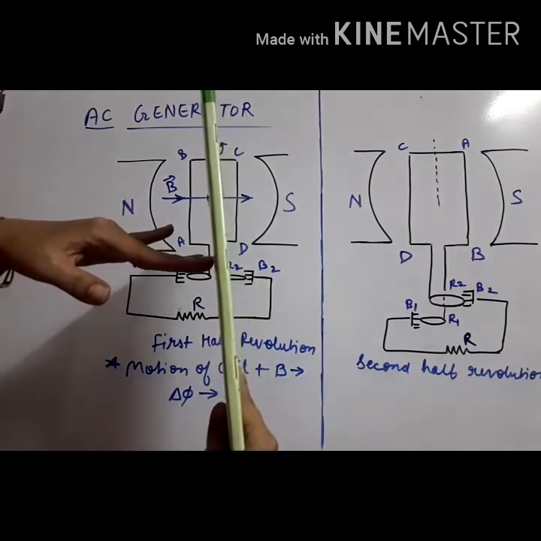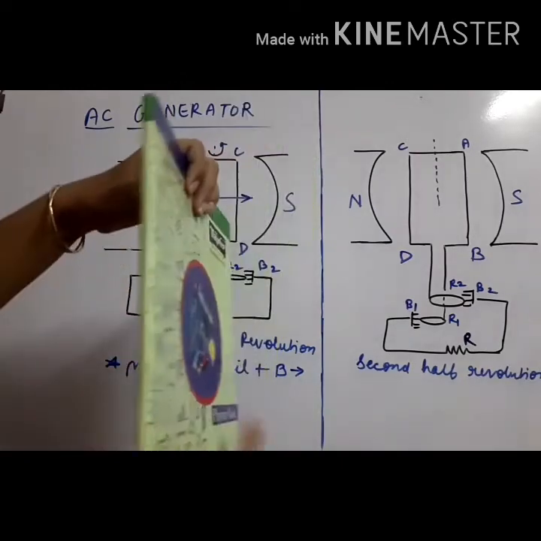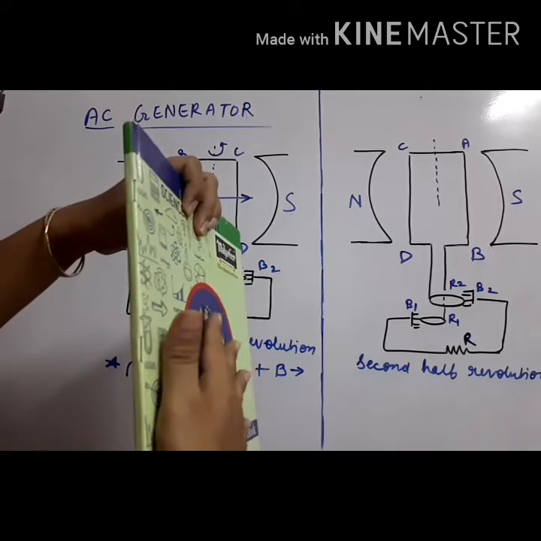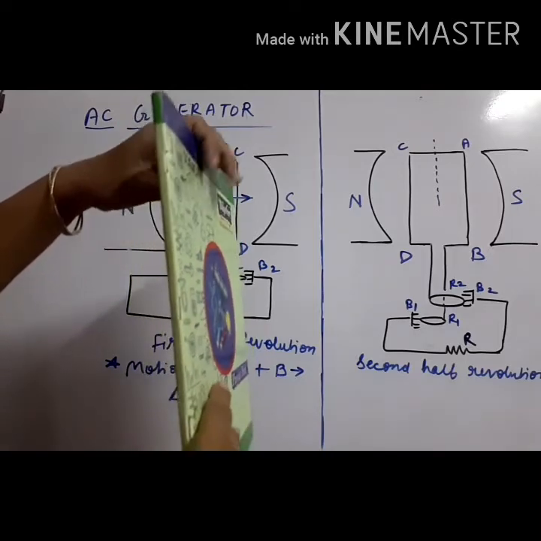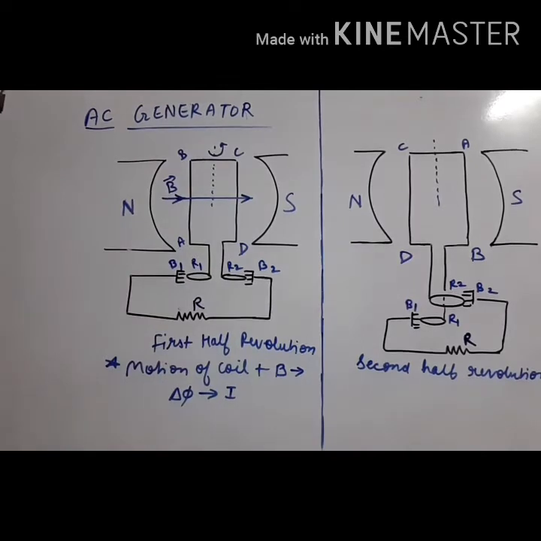That means when the coil is rotated in the presence of north and south pole, then through this coil the magnetic field lines change. The number of magnetic field lines entering changes. That means we can say that the flux changes. And if the flux changes through any coil, then what is produced by EMI phenomena? Induced current is produced.